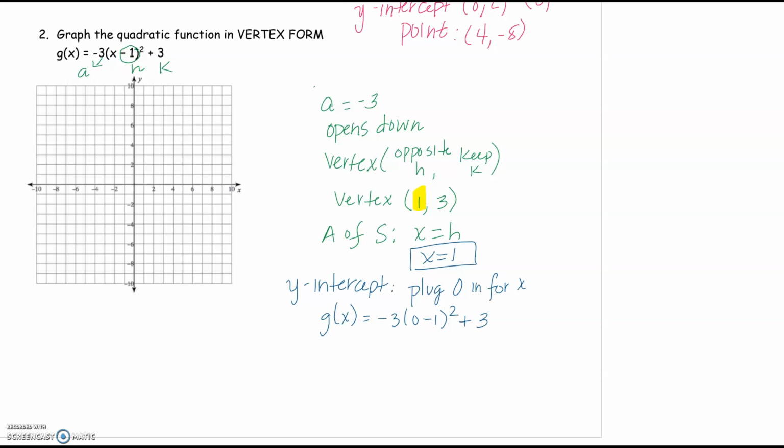Do the parentheses first. 0 minus 1 is negative 1. Square negative 1 before you multiply it by negative 3. A negative times a negative makes a positive 1. Then multiply it by negative 3, negative 3 plus 3 equals 0. Okay, so my y-intercept is going to be 0, 0. Then my other point I'll do in just a moment.